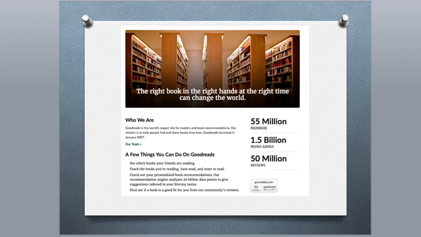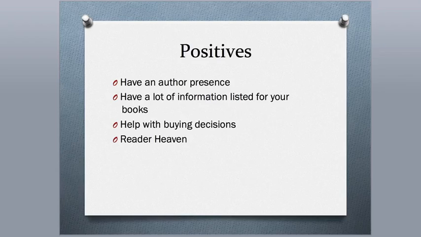Those members have added 1.5 billion books to shelves, and there are in the range of 50 million reviews that are left on Goodreads for various books. Those numbers, frankly, are staggering. Although clearly those people probably have social media accounts in other places like Facebook or Twitter, on Goodreads, they're all in one place. So, like anything on the internet, we'll have positives and negatives.